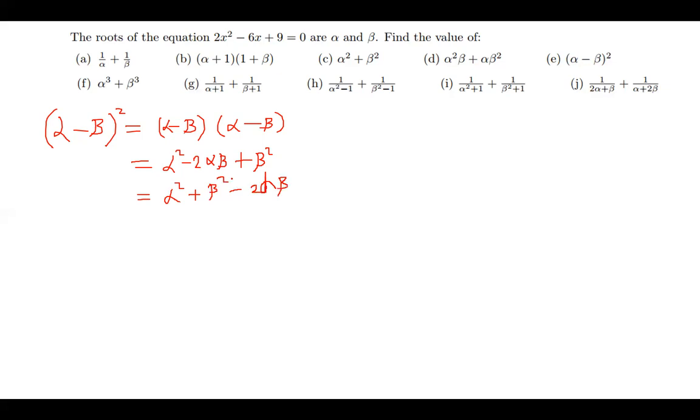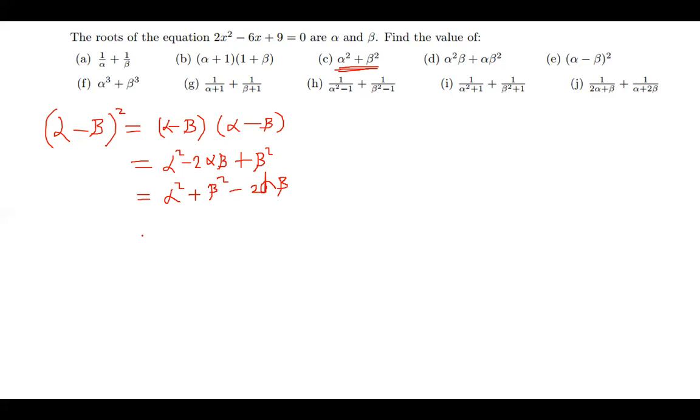Where there's alpha squared plus beta squared, you replace it with what we found here. You remember we derived the formula for this, so it's not that difficult for you guys to find it.